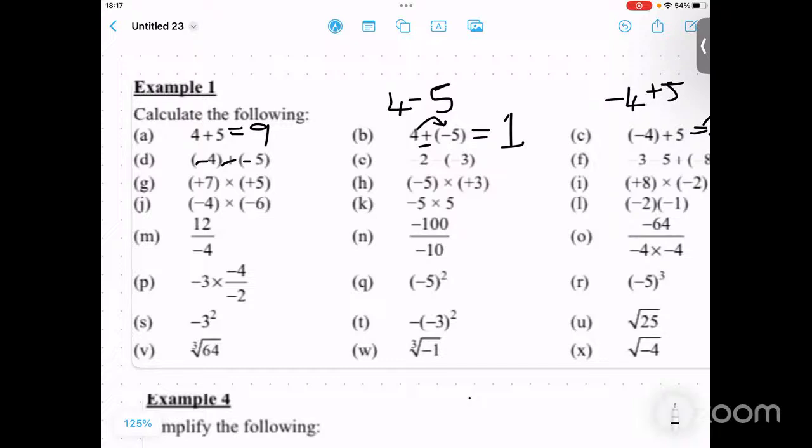Luyanda, what is it that we're going to do? We're going to remove the brackets and add the sums. How are we removing the brackets?